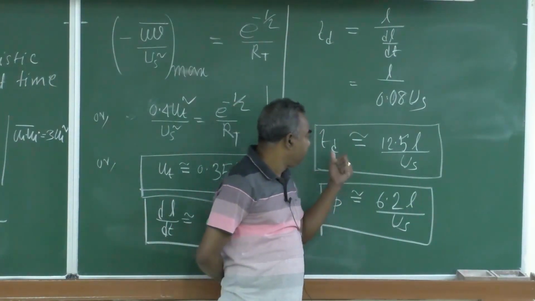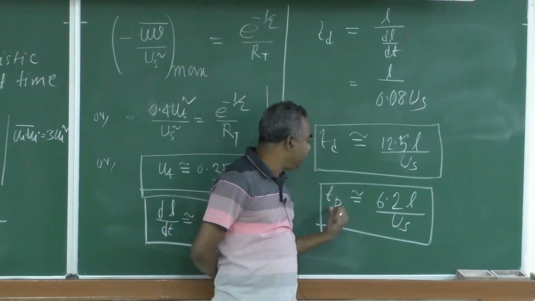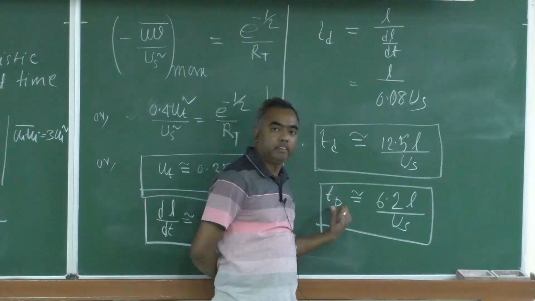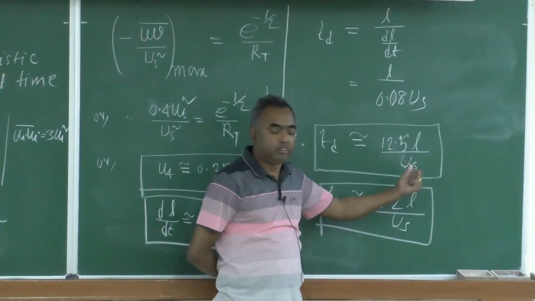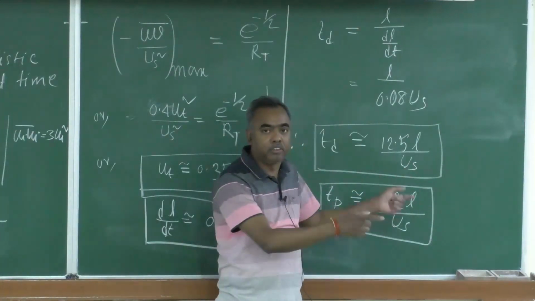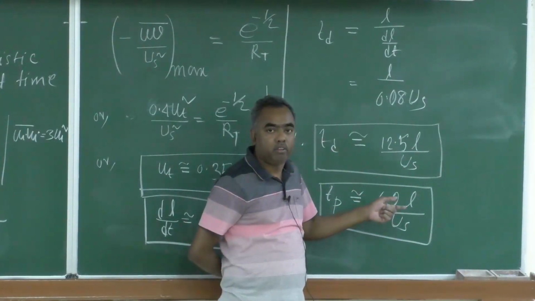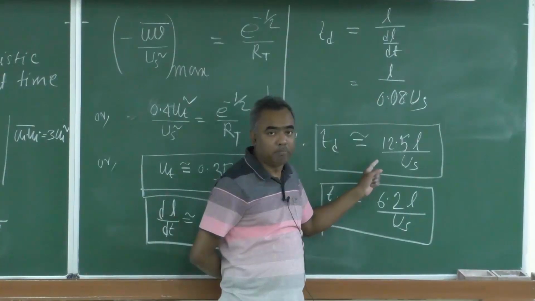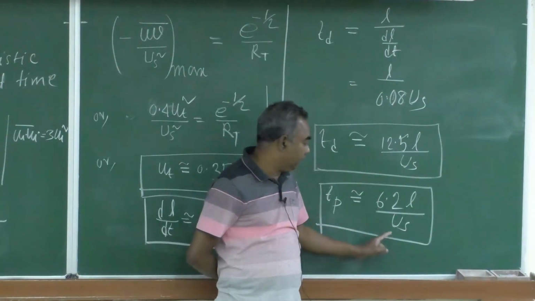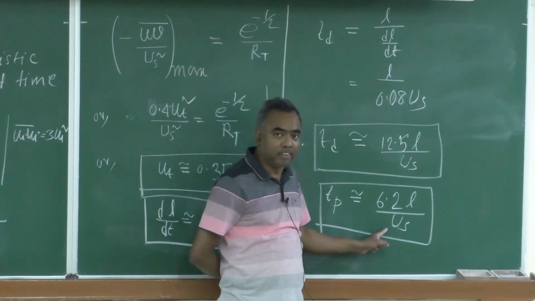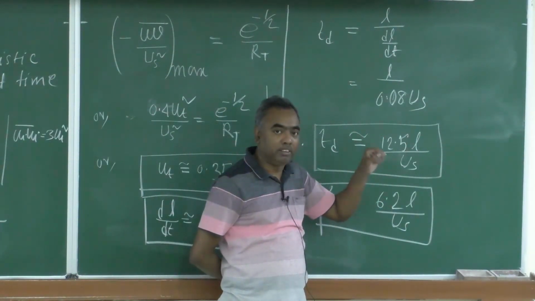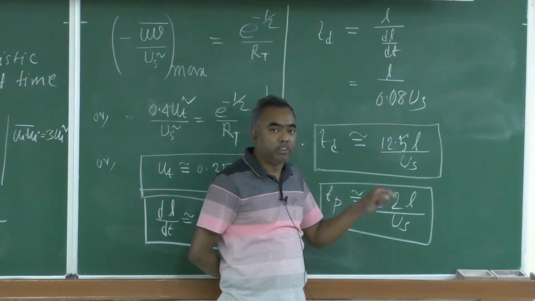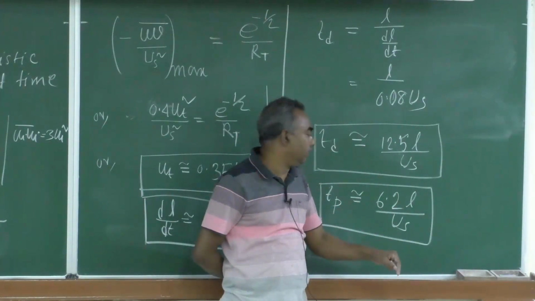Now, if you consider this TD divided by TP, it will come approximately 2. What does it say? It is the ratio of the rate at which the turbulent wake develops in the downstream direction to the time scale at which turbulence is generated, or cascaded down to the smaller scales.